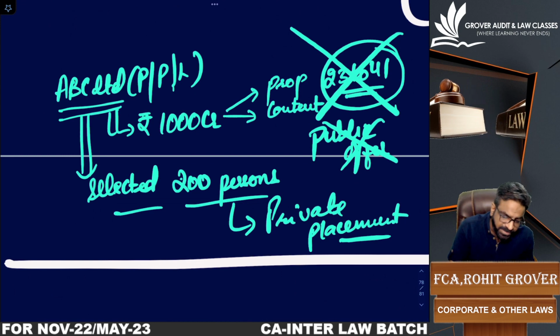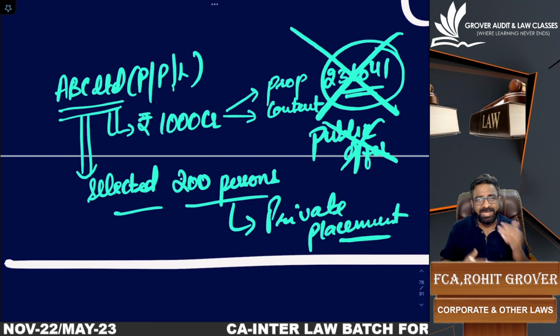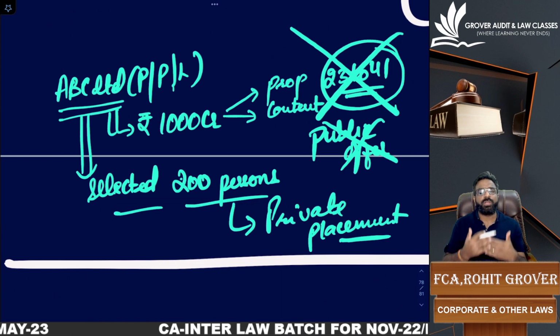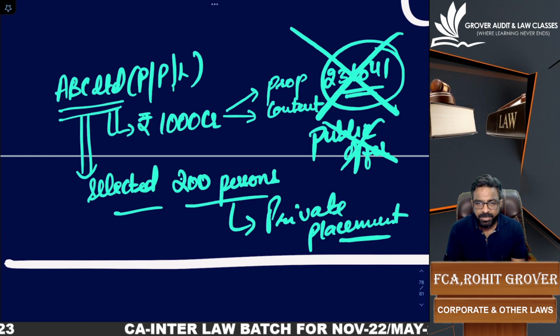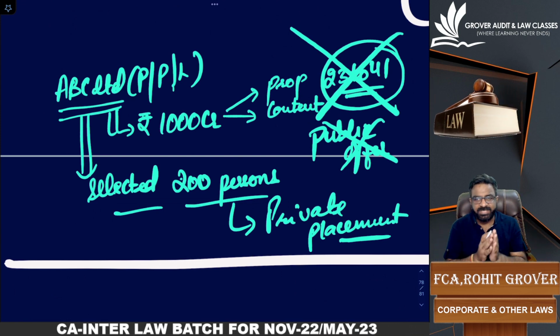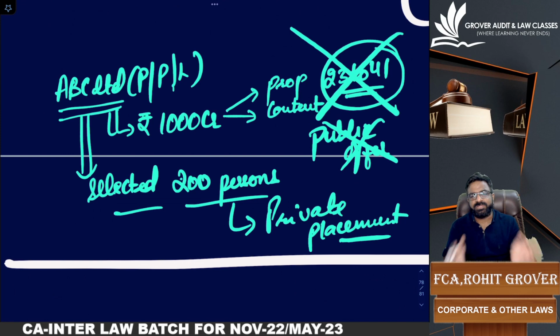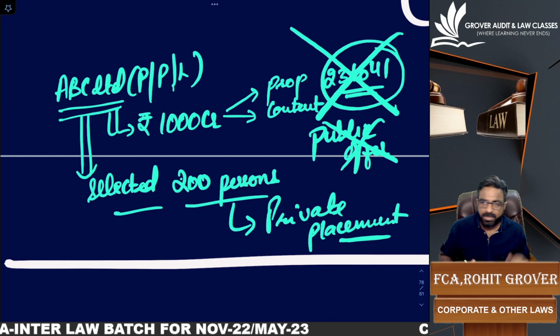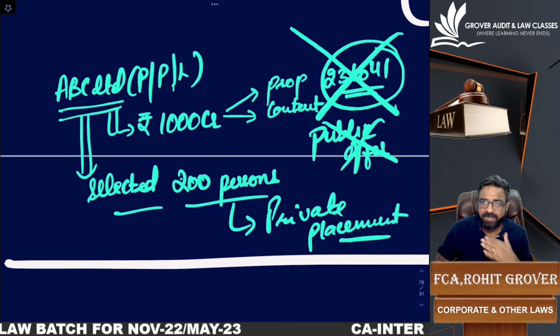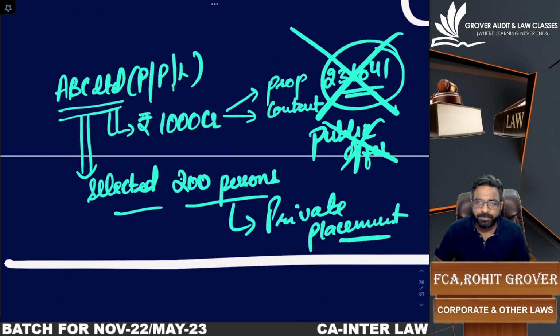So private placement of security is a very beneficial method to some companies who do not want any outsider to get a dilution of the control in their hand. So in such cases, those companies who do not want any outsider to come and control the company, they would rather suggest, or they would rather prefer a private placement of securities instead of what?